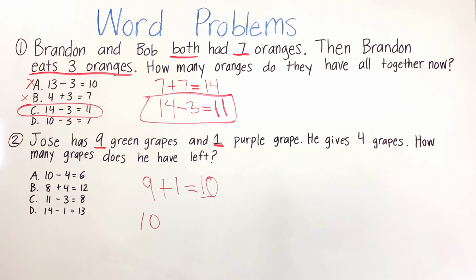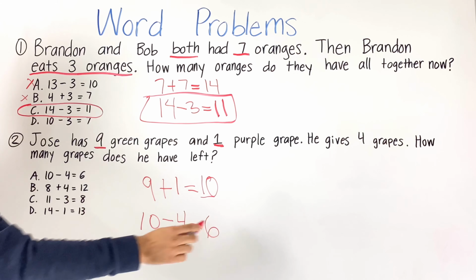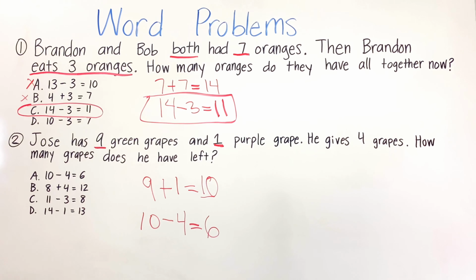And he gives. So does that mean he's adding more grapes or grapes are taken away? Giving means you're taking away, because you're giving the grapes to someone else. So you're going to subtract the number, which is 4, equals 6. So now we're going to go to the left-hand side and see which one it is.